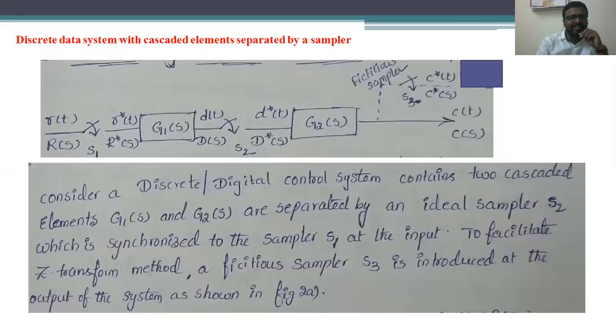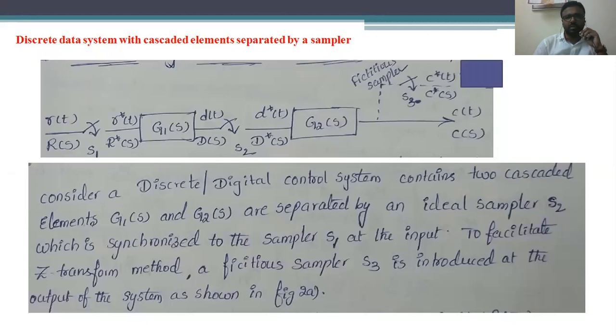This discrete data system with cascaded elements separated by a sampler is one kind of discrete data system. That means two elements are placed in a cascaded position and are separated by a sampler. These kinds of systems are also called open loop systems.